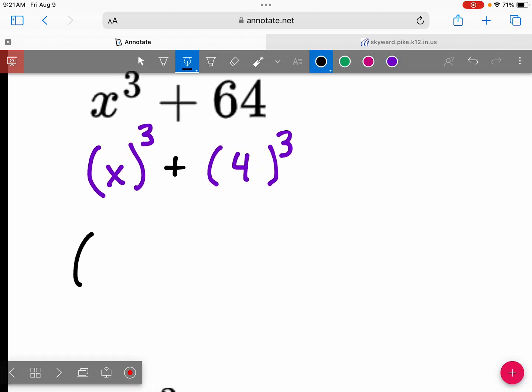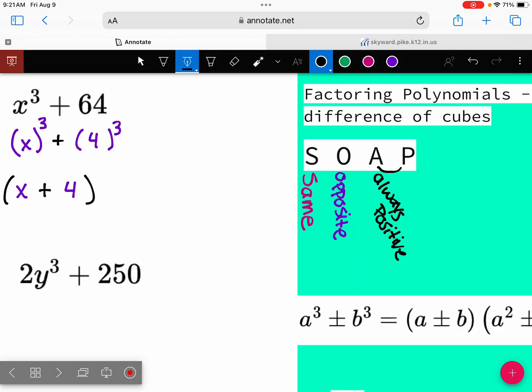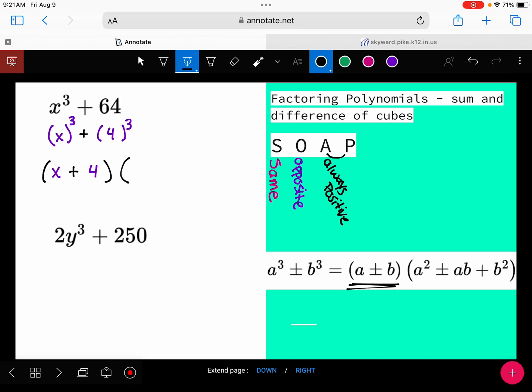We are going to take our first set of parentheses, which has our A term, so there's our x, and our B, which is 4, and it gets the same sign as our expression. So it gets a plus. Then our next piece is we take our A and square it, so we're going to have x squared.